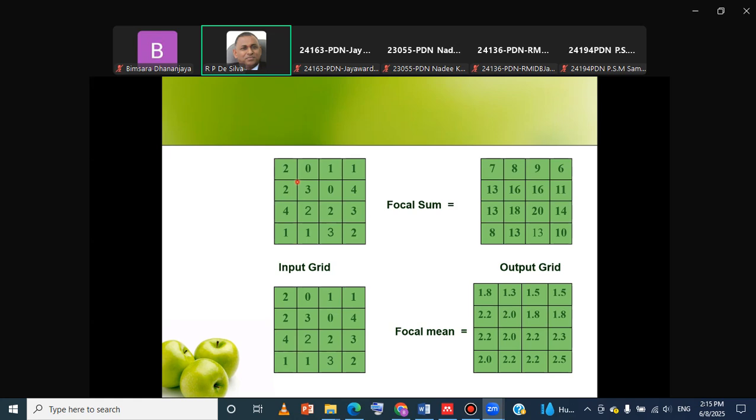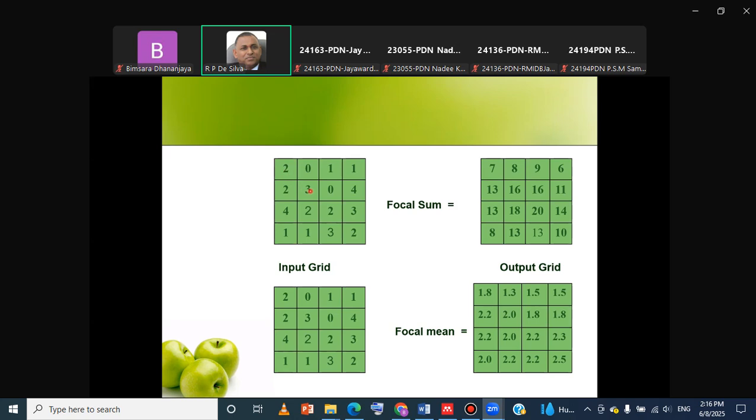So from here to here, the distance is not 1, square root of 2. Okay. From here to here, center, again square root of 2. All right.